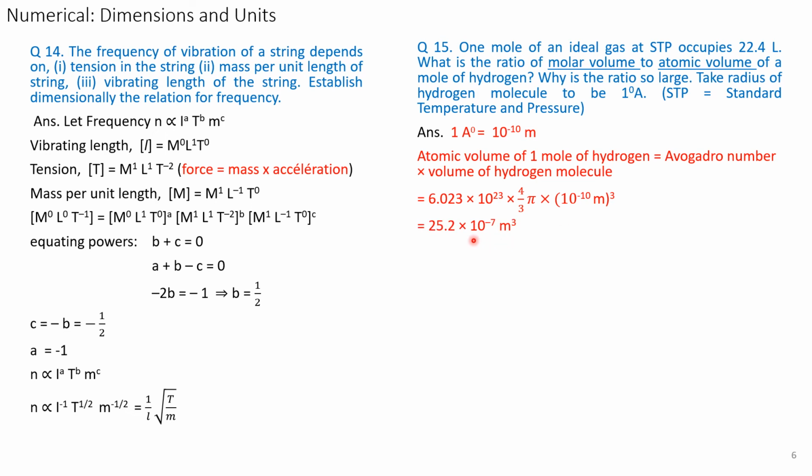Therefore, that is equal to 25.2 into 10 to the power of minus 7 meter cube.